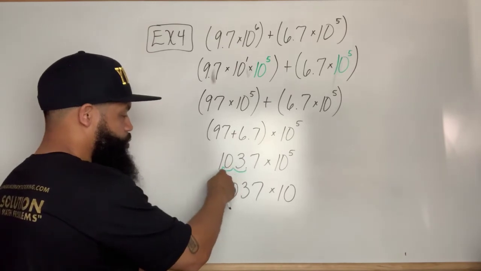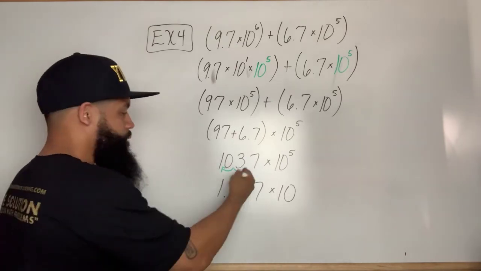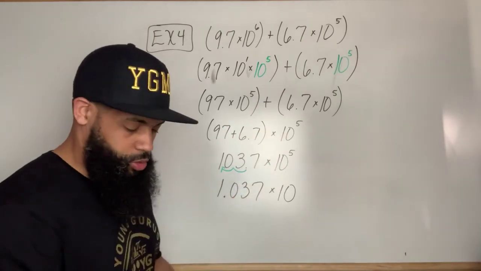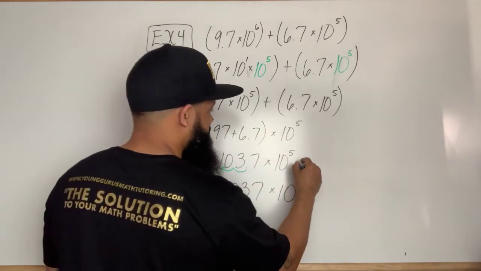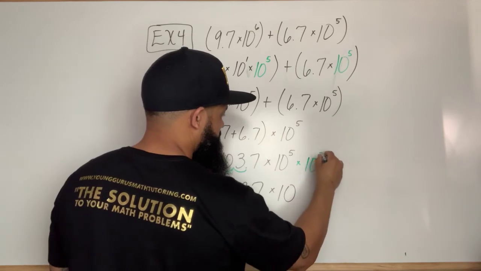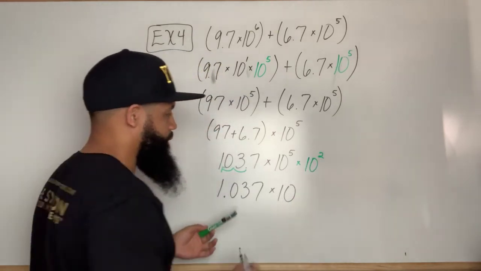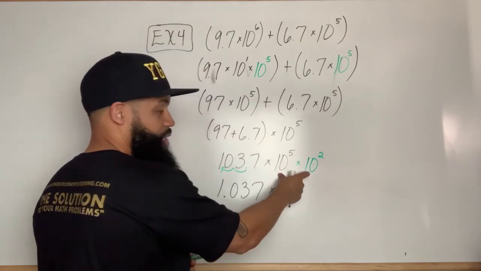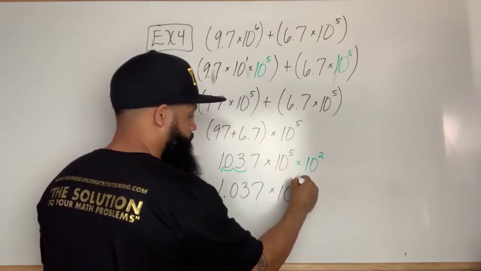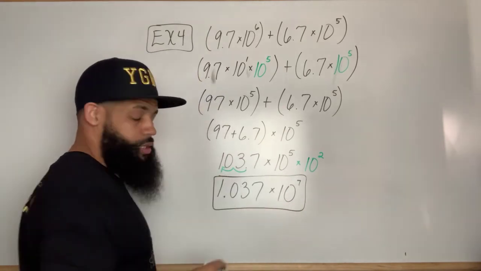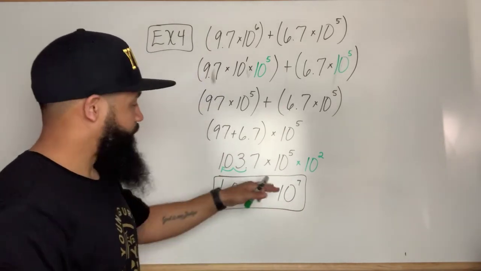If I move this decimal place 2 places to the left, so I divide the first number by 100, I need to multiply this by 100. What that looks like is times 10 to the 2nd power, because 100 is 10 to the 2nd power. So now I end up with, remember, same base, add the exponents, so 10 to the 7th power. That would be the final answer.